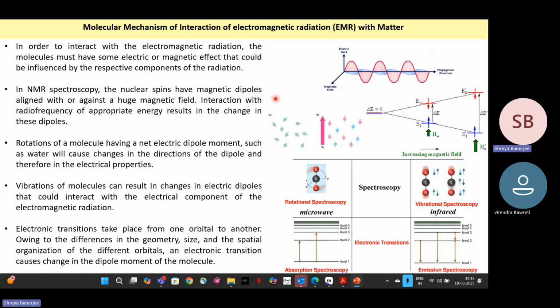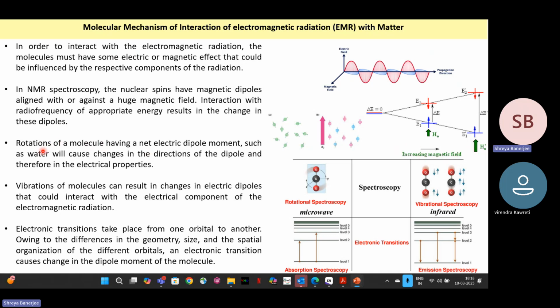So in NMR spectroscopy, the interaction of the electromagnetic radiation with the magnetic dipoles of the nucleus causes a splitting in the energy levels. And we have seen that as we increase the magnetic field, the splitting of energy between the upper and lower levels also increases. So in NMR spectroscopy, the nuclear dipole is interacting with the external magnetic field that is supplied.